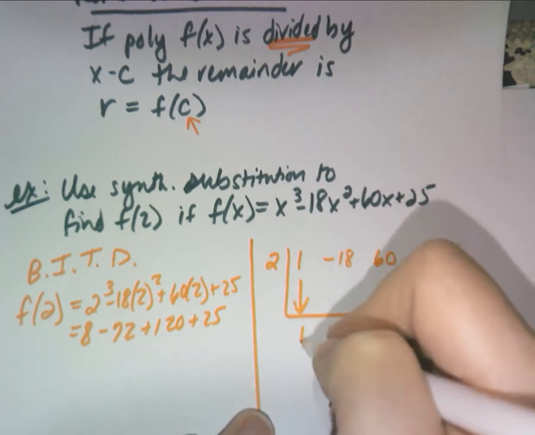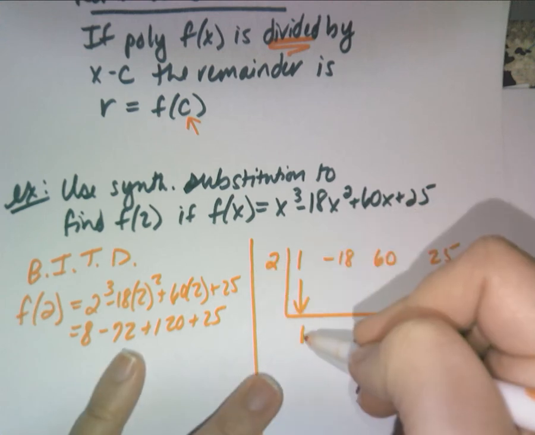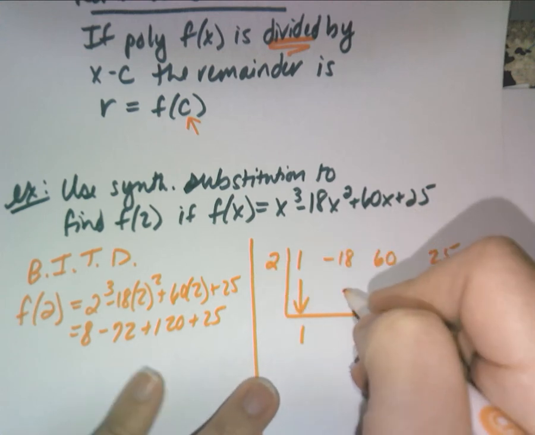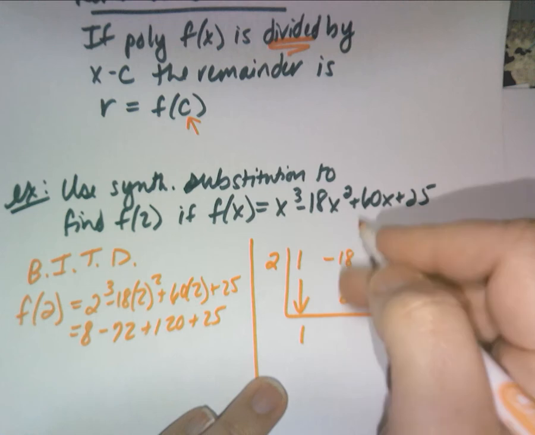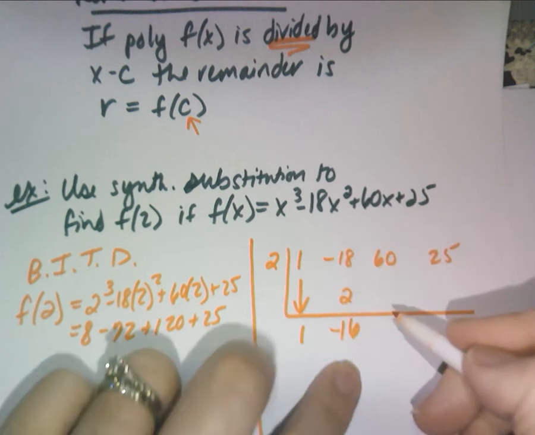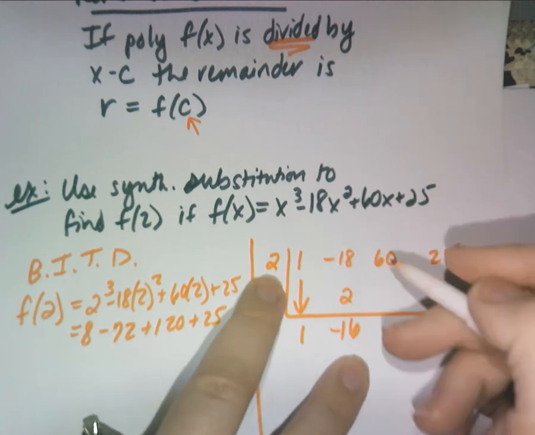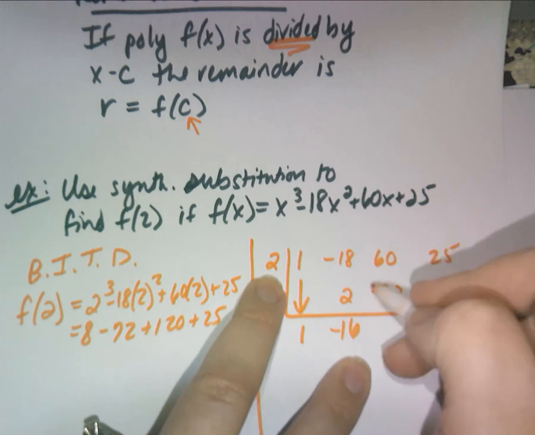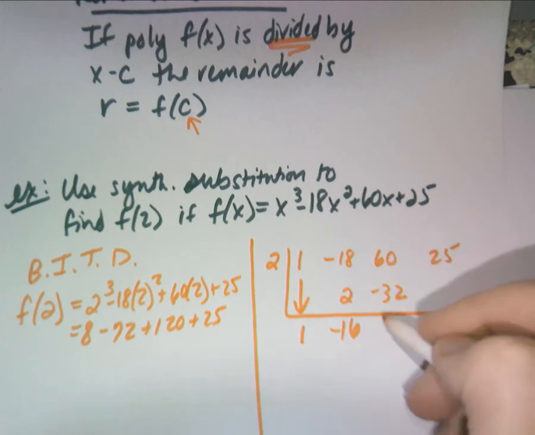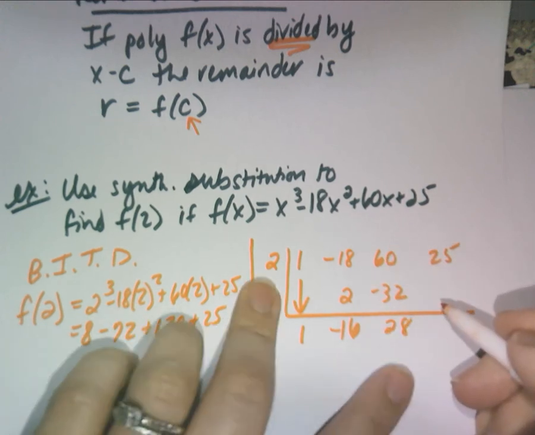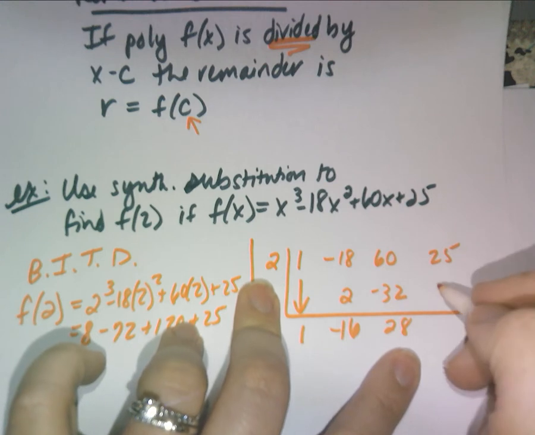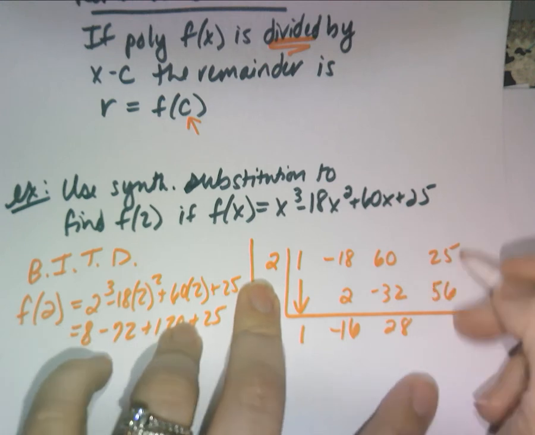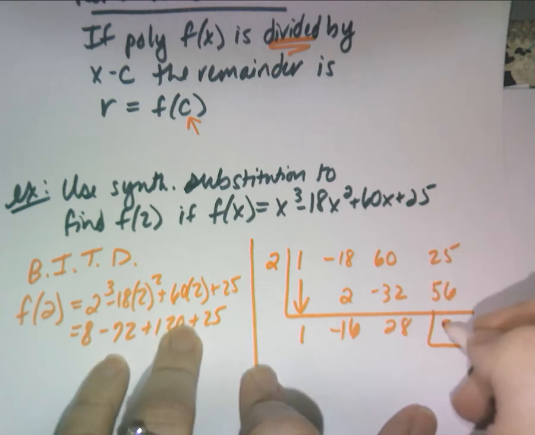Drop the first one down, that's 1, that's easy. What's 2 times 1? 2, put it right here. Combine, negative 16. Negative 16 times 2 is negative 32. 60 minus 32 is 28. 2 times 28 is 56. 81.